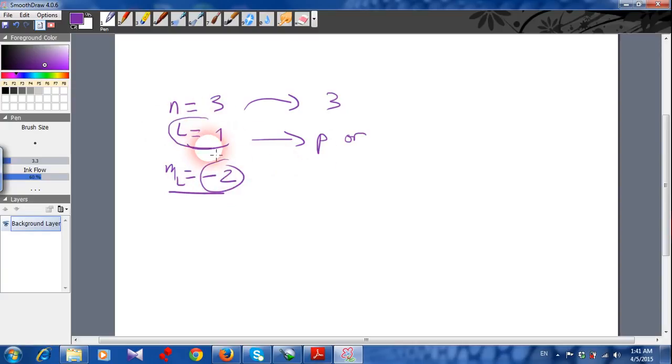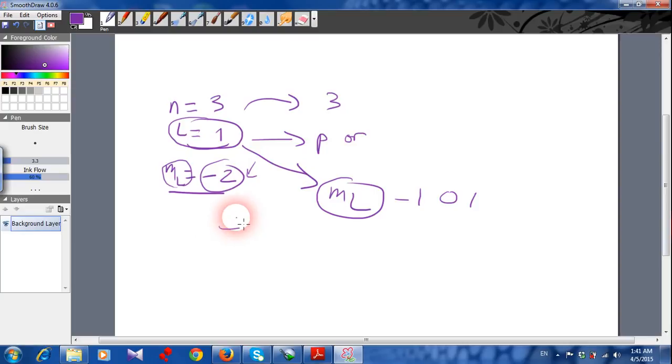With l equal to 1, ml can be negative 1, 0, and 1. So ml here cannot be negative 2. So we don't have an orbital, and the answer is none.